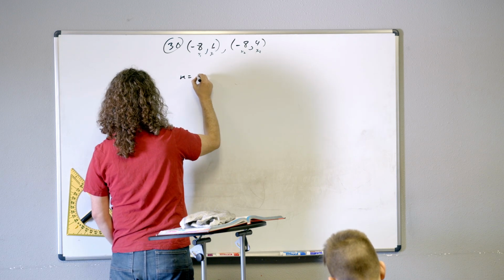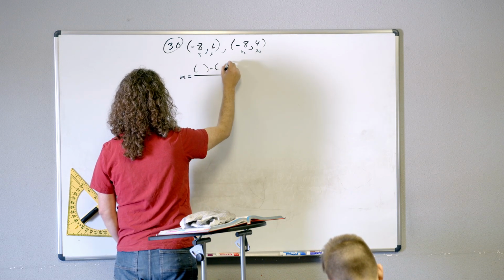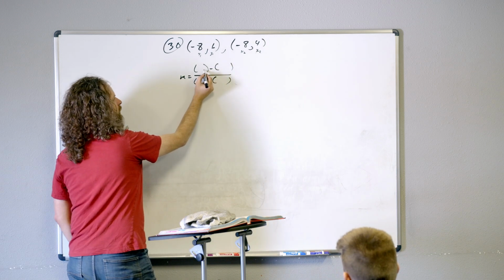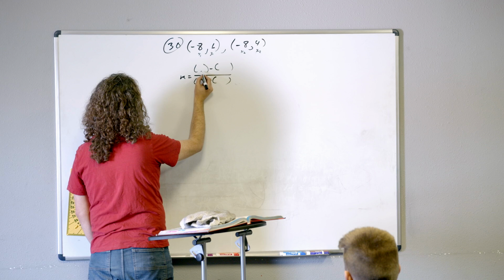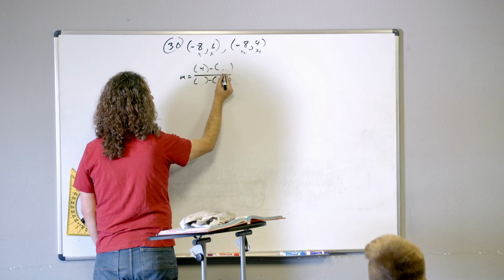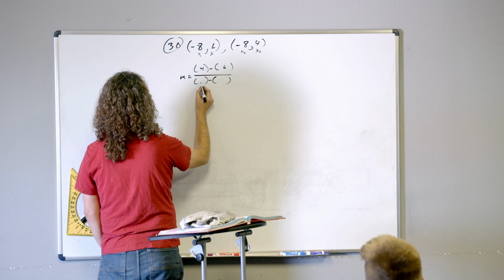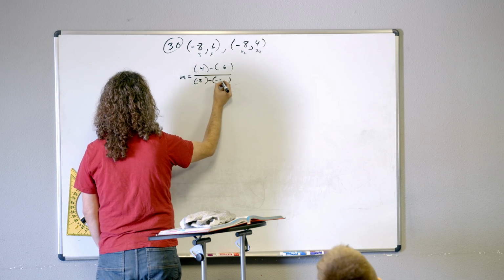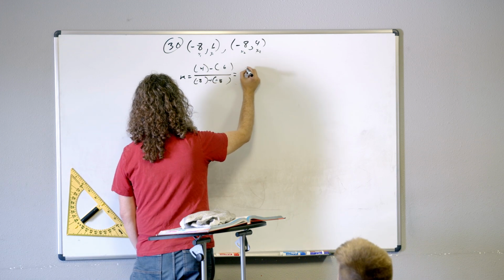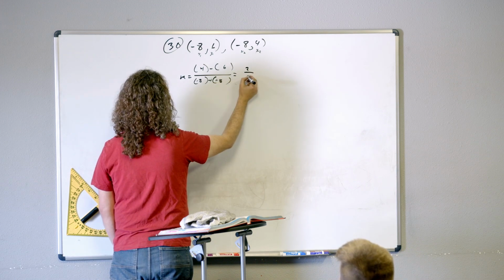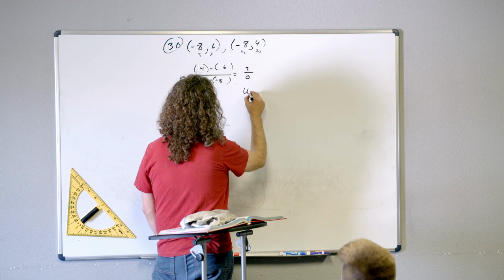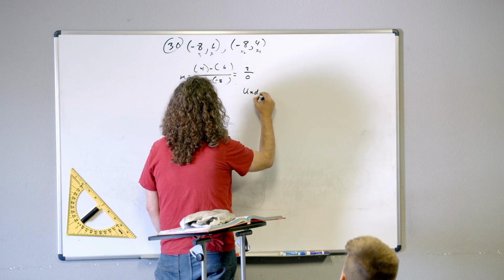We do the slope formula. And we plug what right here? 4. Good catch. What here? 6. This one? -8. We do ka-ching, ka-ching. What's 4 minus 6? Negative 2. And 0. That's why it becomes undefined, because dividing by 0 is undefined.